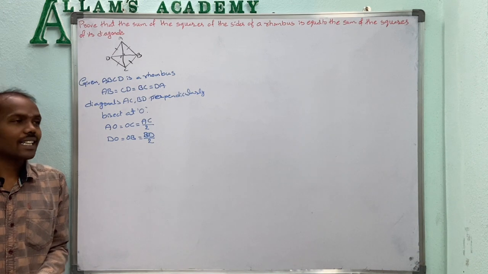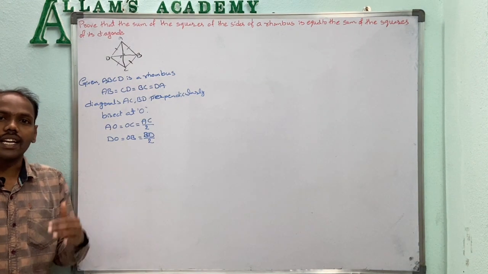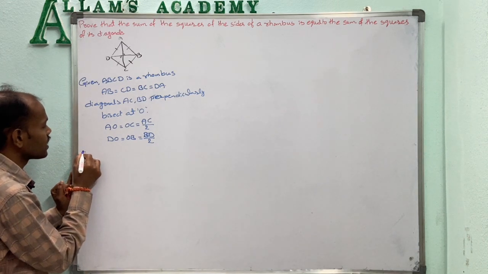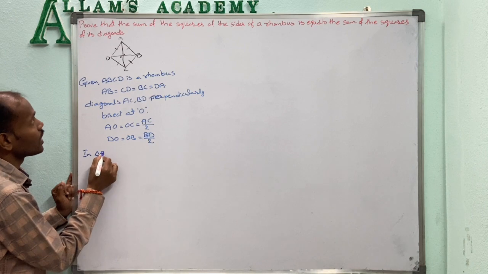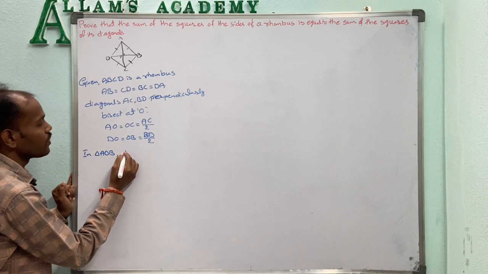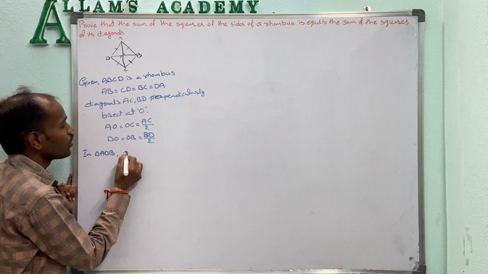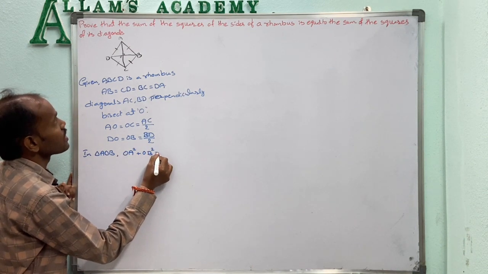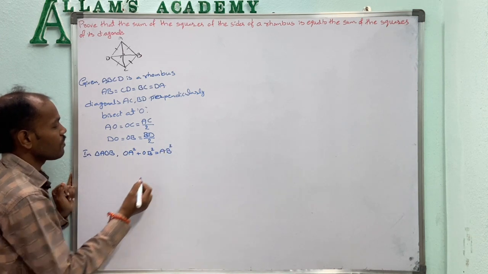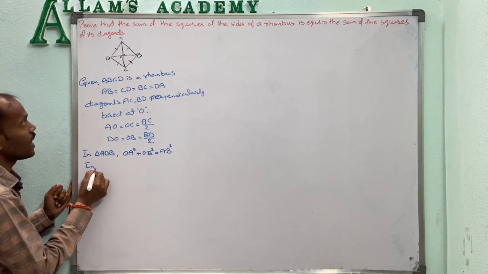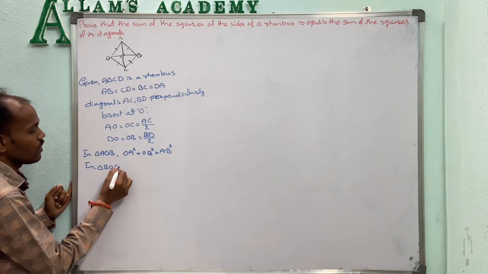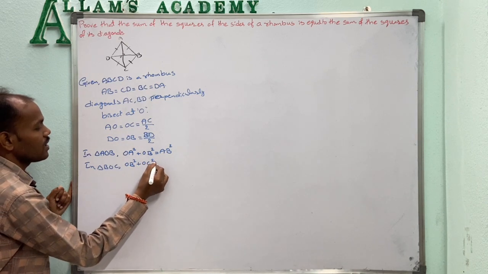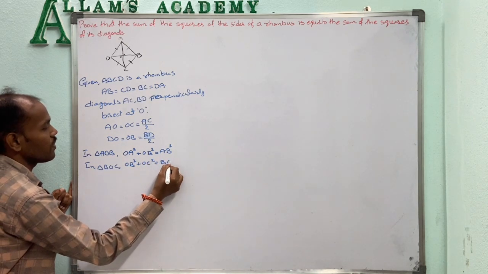Now here, because of the perpendicular bisection, if we observe AOB, or AOD, or COD, or COB, any one of them, those triangles are right angled triangles. So by using Pythagoras theorem in triangle AOB, we can write OA square plus OB square is equal to AB square. Similarly, in triangle BOC, OB square plus OC square equal to BC square.